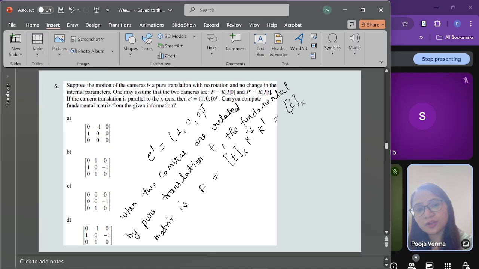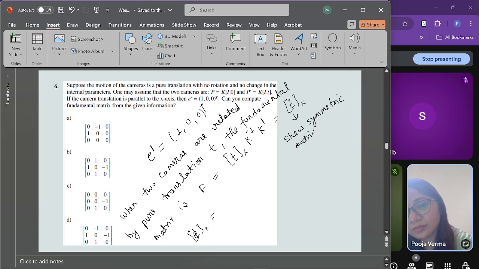And as we already know, this is the representation of a skew symmetric matrix in homogeneous image representation. For the right epipole, you can see it is 0, minus ez, ey, then ez, 0, minus ex, then minus ey, ex, 0.